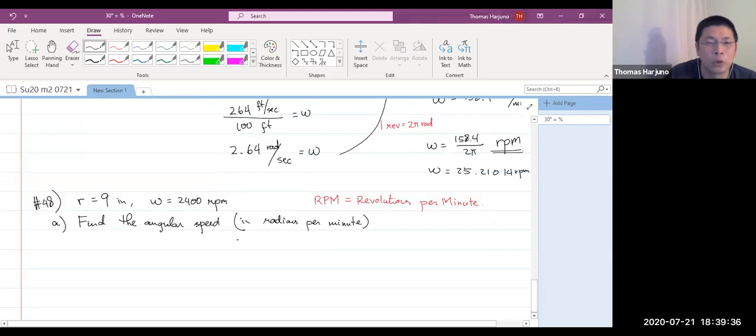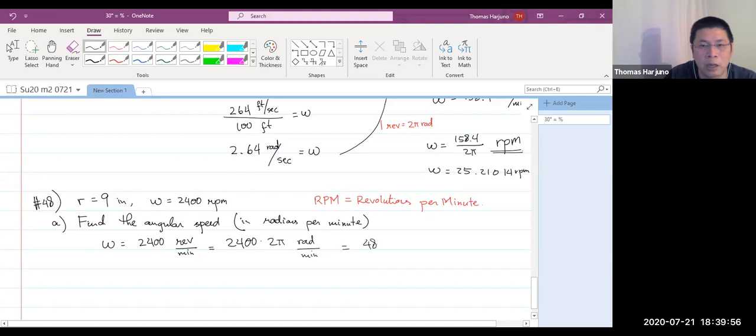Okay, so omega, which is 2,400 revolutions per minute. One revolution is 2 pi radians, so times 2 pi radians per minute. That would be 4,800 pi radians per minute.